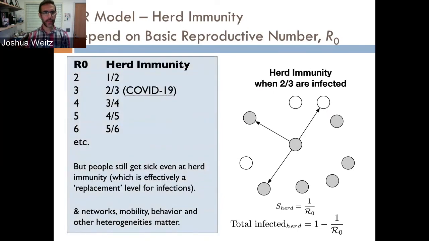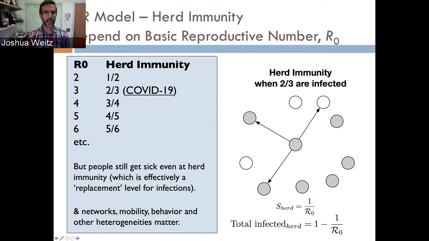And just to give you some intuition here, why people were concerned is that the level of herd immunity associated with SARS-CoV-2 was estimated to be something about 70%, but keeping in mind that people will still get sick even at this level because that's a replacement level for infection. So far more individuals will be infected afterwards. That's called overshoot.